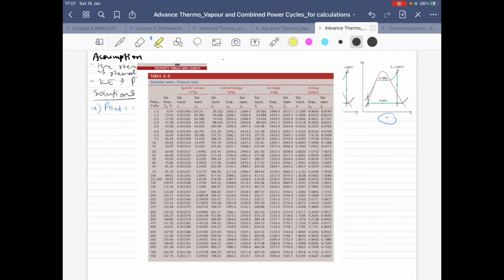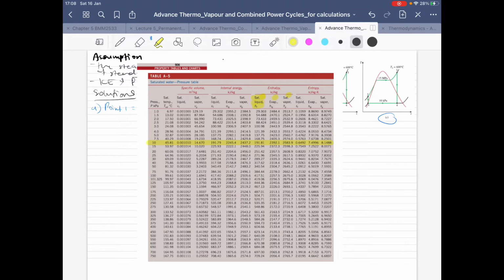At point 1, the pressure is 10 kilopascal. So definitely we want to have enthalpy. So be careful. I mentioned in the previous video they have saturated liquid, they have evaporated, they have the saturated vapor. Point 1 is definitely saturated liquid.